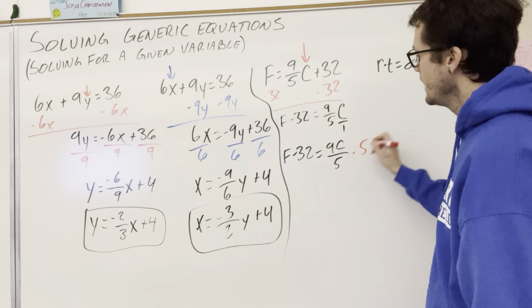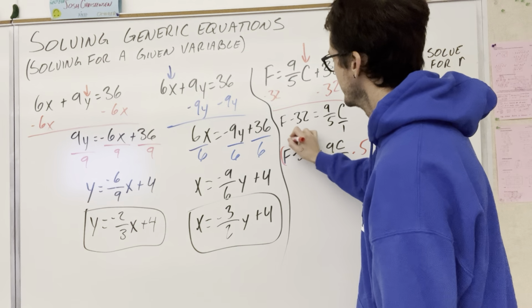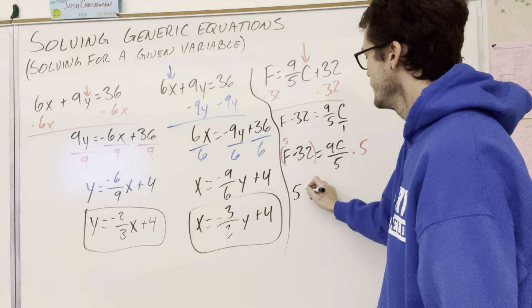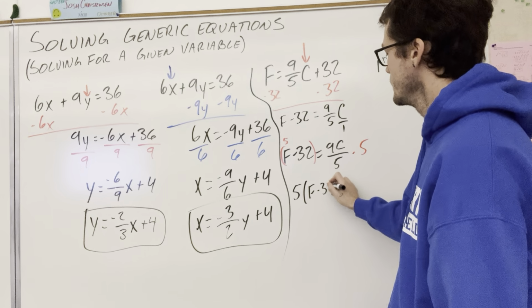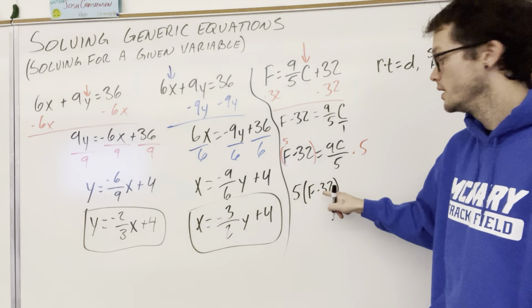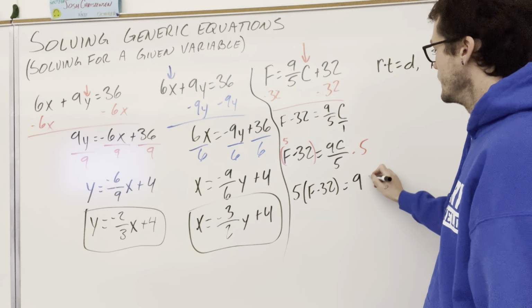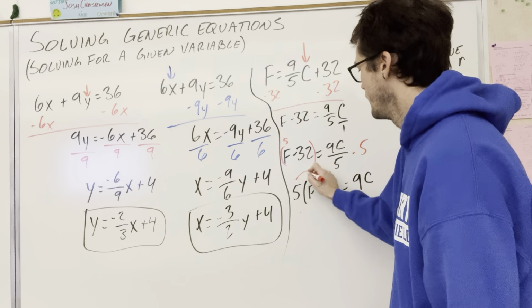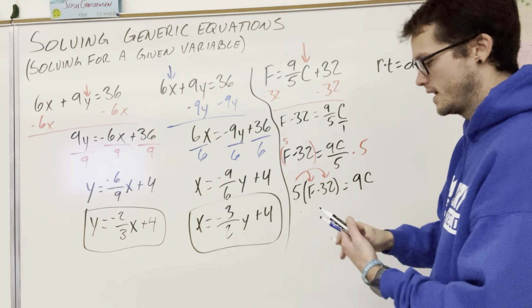So multiply by 5, and that means we have to multiply this entire side by 5. So now we have 5 times F minus 32. We'll do this distribution in a minute. Equals 9C. Distribution. So now we have 5 times F and 5 times negative 32.